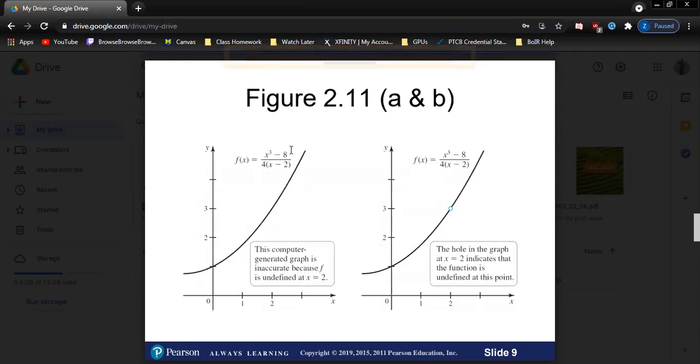Could you please repeat it? When we plug into x raised to power 3, it's going to be 8. 8 minus 8 is 0. The denominator is going to be 0 also. Sorry, the numerator is going to be 0.